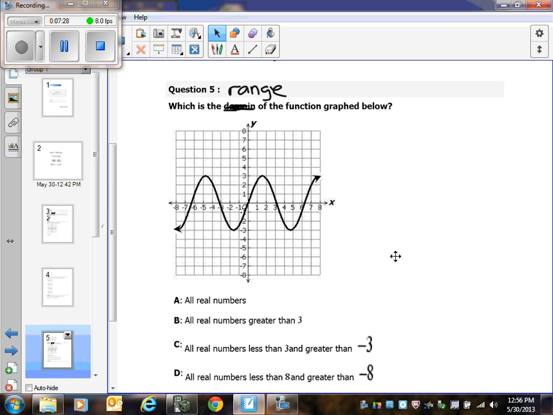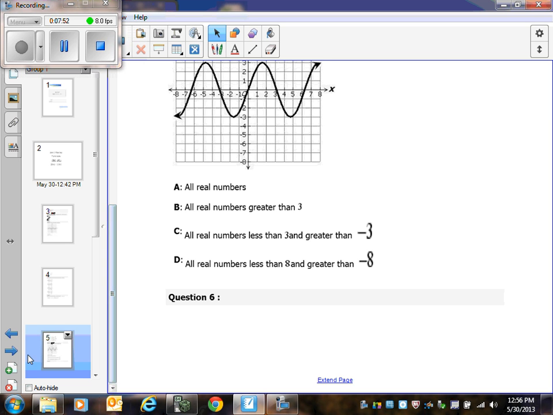Okay, so now for the range, you're looking for your high and your low. So on this graph, it looks like my lowest point, if it continues this pattern, is going to be negative 3, and my highest would be positive 3. So if this question had asked for the range, then my range would have been between negative 3 and positive 3.